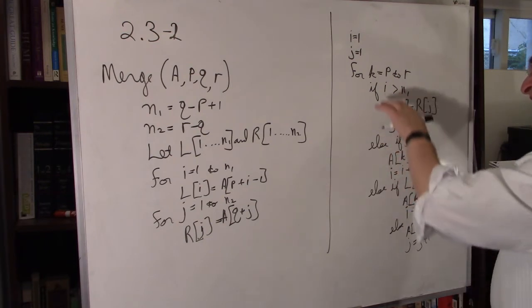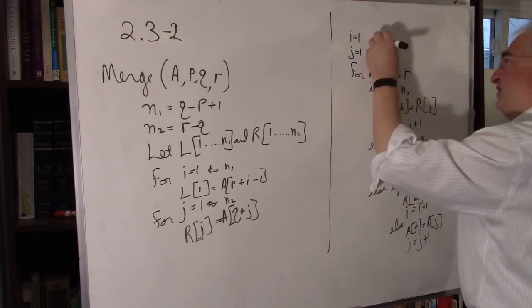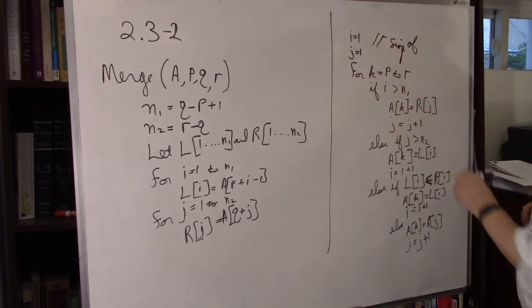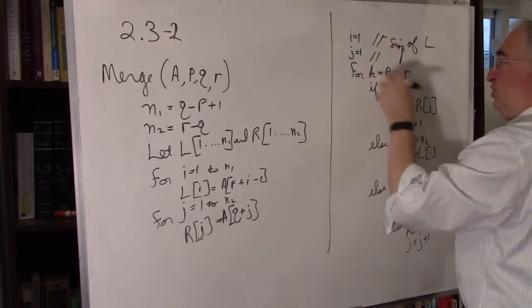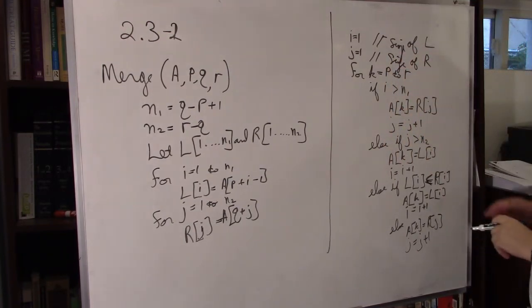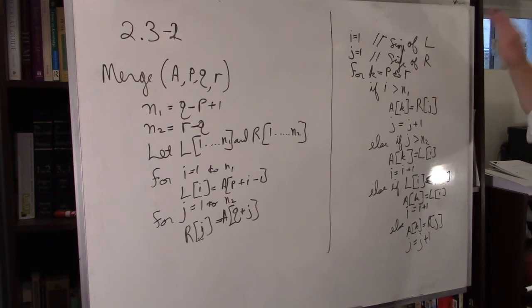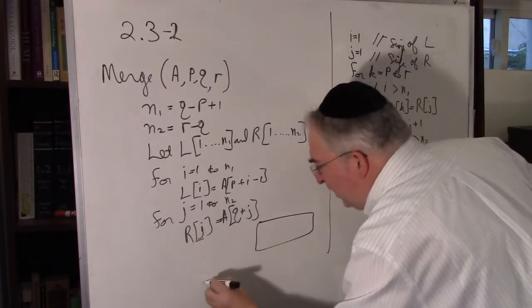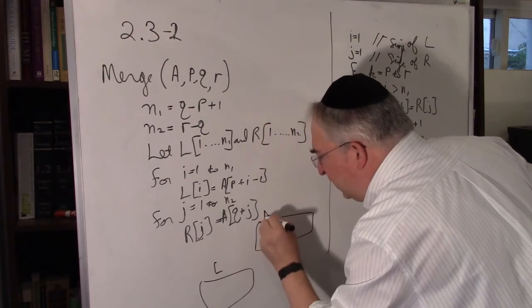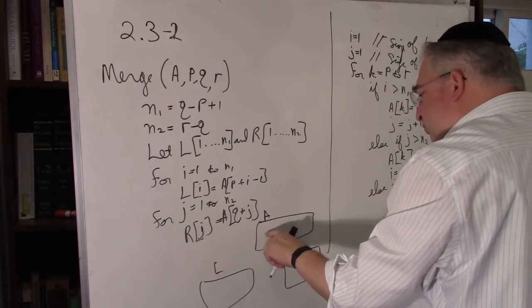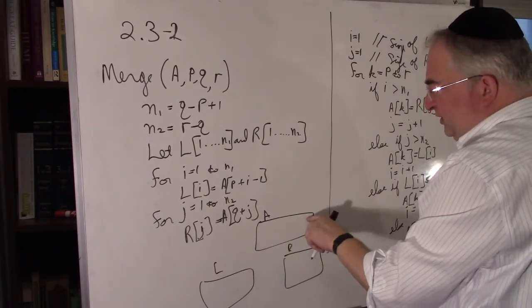Did we get to I being the size of the left, and J being the size of the right? So if it's more than this, just put in the kth place. Basically, you have your array A, and you have your array L and your array R, and what you're doing is literally putting in each one of these, one after the other.